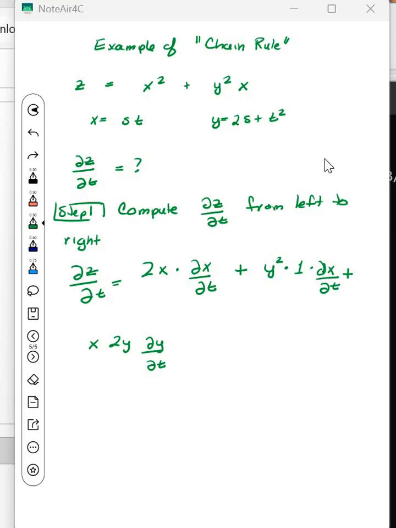Okay. Got it? So where does everything come from? I'm just going to put some arrows, not all of them.